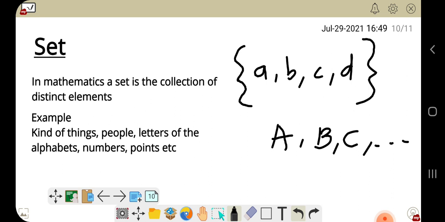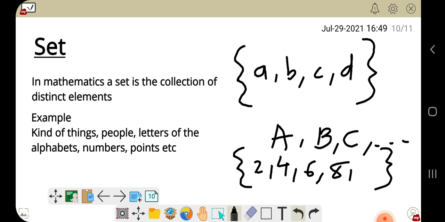Example of set is kind of things you can write. You can write people, kind of people, letters of the alphabets, then numbers, I mean to say even numbers, set of even numbers, set of even numbers below 10: 2, 4, 6, 8, 10. This is the set of even numbers. If I call this set as capital E, so in this way we can write a set.